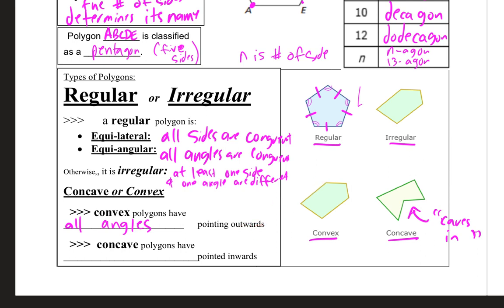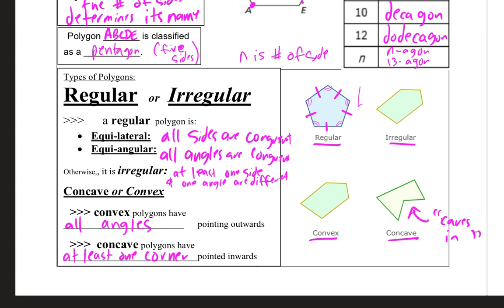See, this is pointing outward. Concave polygons have at least one corner pointed inwards. So that's the difference between convex and concave. Concave means it caves in.